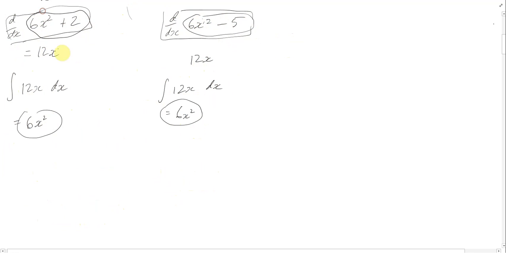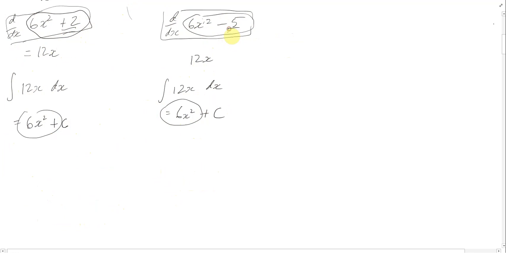So somewhere we've forgotten something. And that is, we need to always add in a constant term, plus c, for an unknown constant. Because if there is a constant term and you differentiate, it disappears. This plus 2, it disappeared.